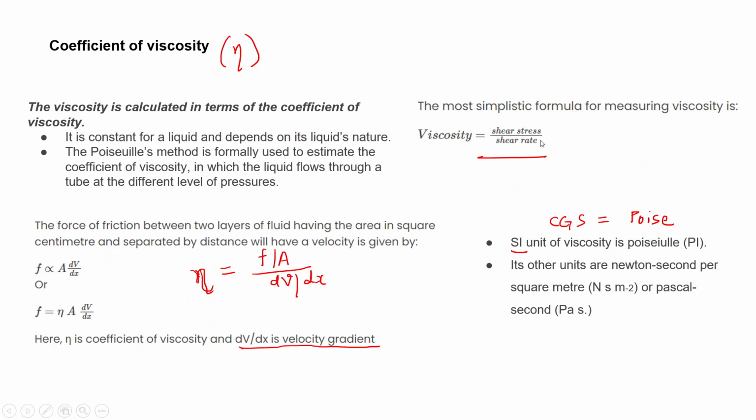It is the ratio of shear stress to shear rate. So it's basically this. From here we can derive that force will be eta dV by dx times this area. So this expression we will use.